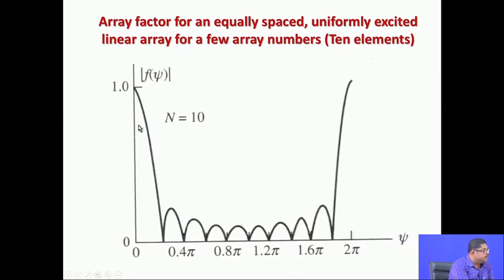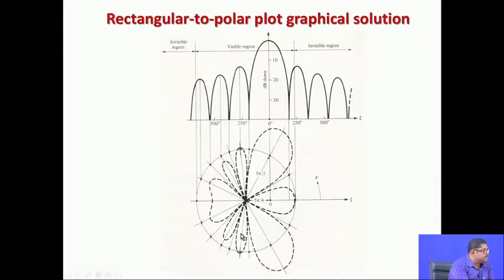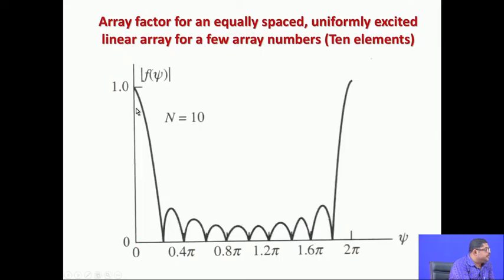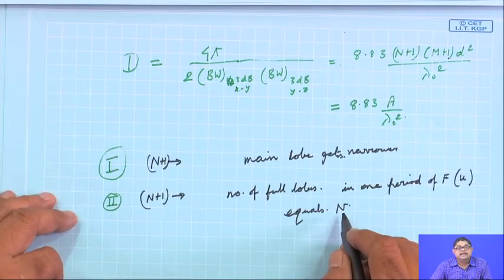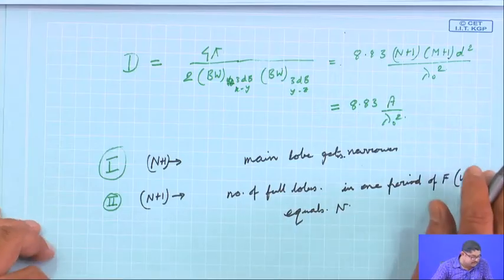For 10: 1, 2, 3, 4, 5, 6, 7, 8, 9. So, this is a general thing, that the number of full lobes will be n if we have an n plus 1 element array.